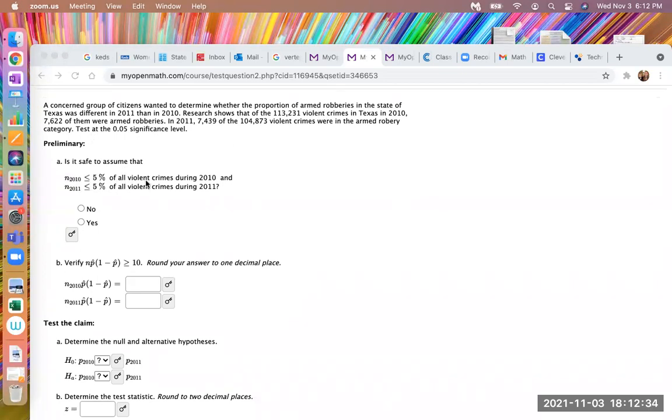And of all violent crimes in 2010, they don't want sample data there. They want all of the crimes in 2010, not all of the crimes from their little sampled area. So this needs to be a big N. It's the total number in the population.